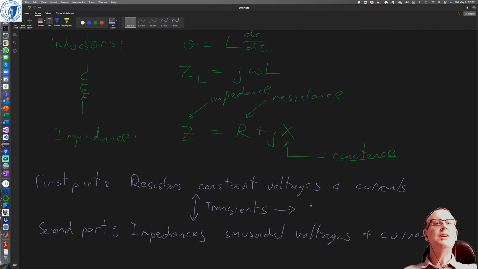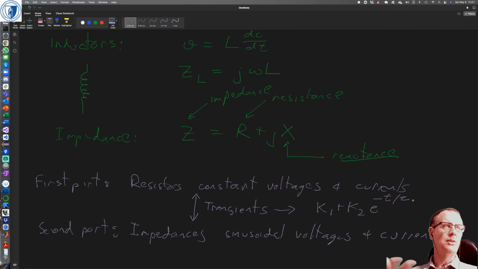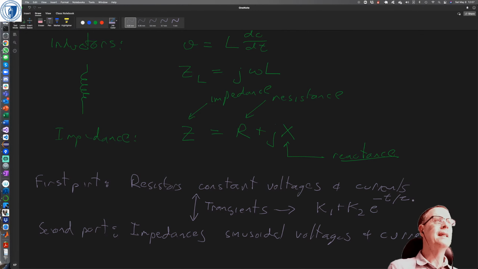we get equations of the form, which we looked at just a little earlier today, K1 plus K2 e to the minus t on tau. The way you solve that is you figure out the initial condition, you figure out the final condition, that tells you what K1 and K2 are, and then you figure out what tau is.